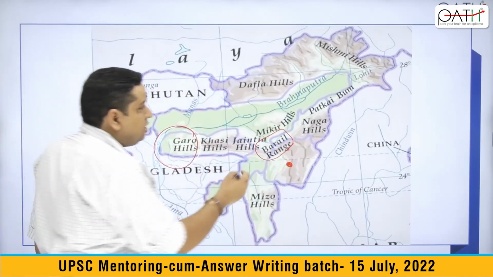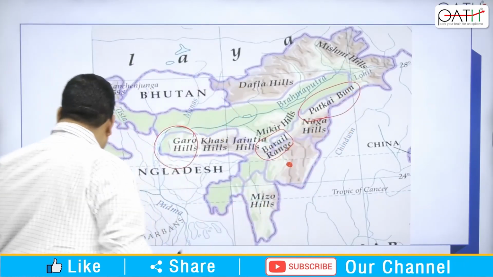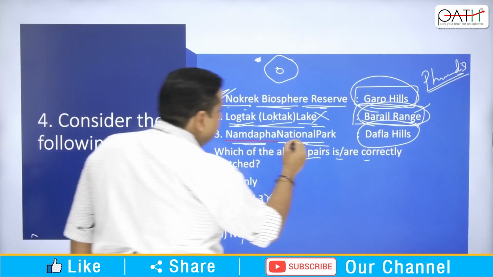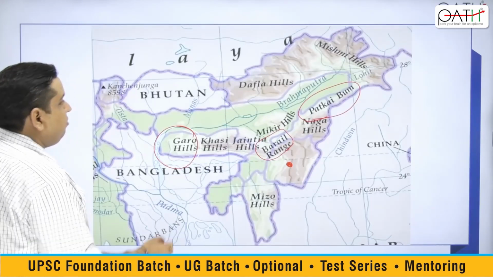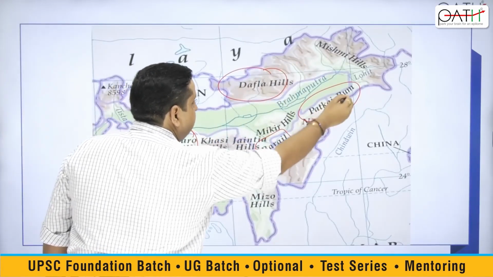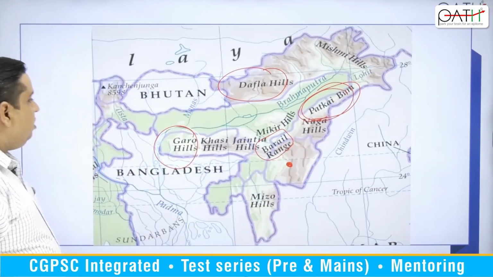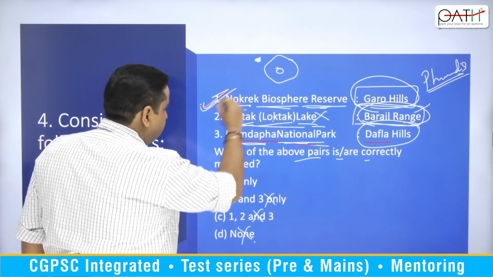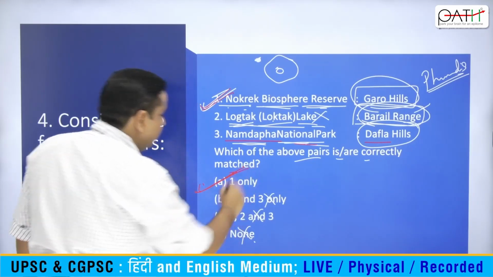Similarly, Namdapha National Park is located somewhere here in the Patkai Bum, and the option says Namdapha is located in Dafla Hills. So see the location of Dafla Hills. It is somewhere here, on the extreme eastern side. Only the first pair is correctly matched, so our answer will be option A.